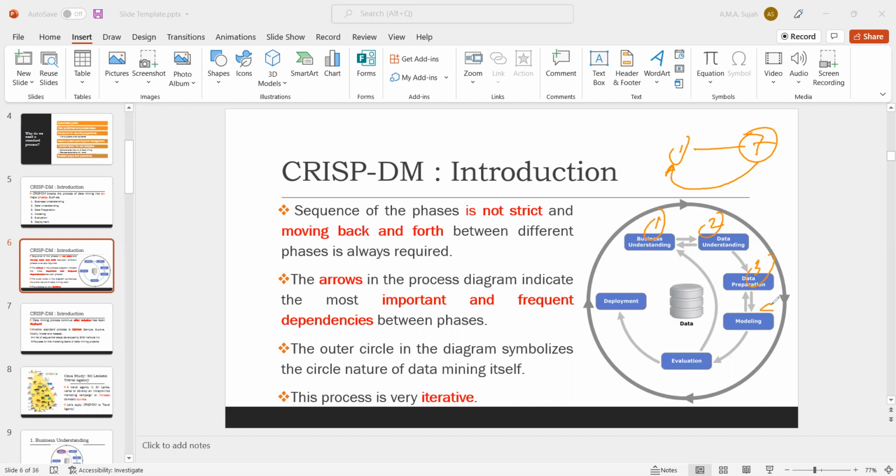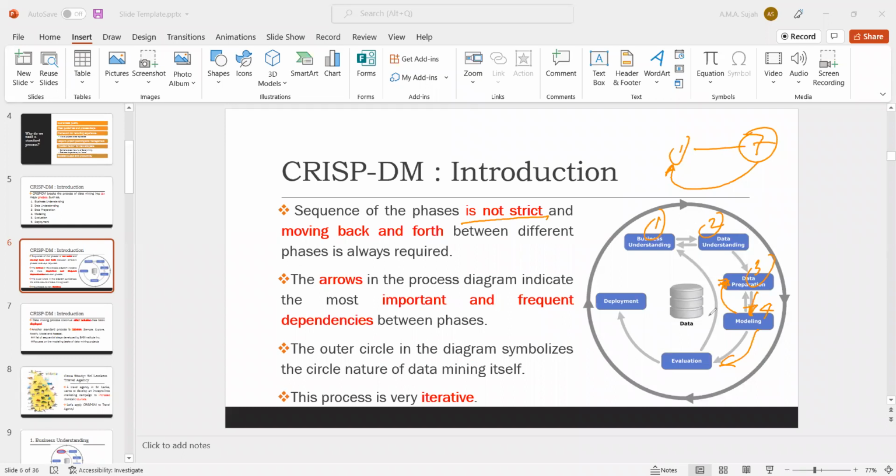After that, in the fourth phase, you can realize you must do the data preparation again. Then you go back to the previous phase and come here again. Then you can continue. Likewise, there is no strict sequence in this standard process. You can go backward as well as forward. It depends on you. Based on the output of each phase, you can decide whether to move backward or forward.